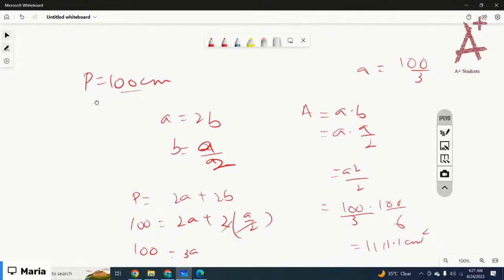So we know that the length would be double the width, right? It would be A equals 2B, that means B equals A over 2. That means it is 277.8 centimeters squared, right?